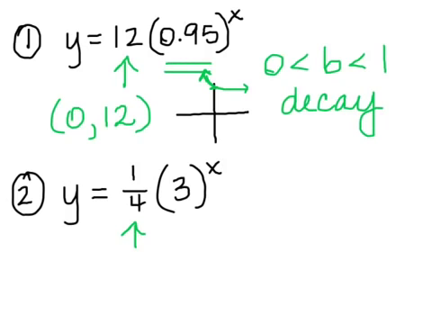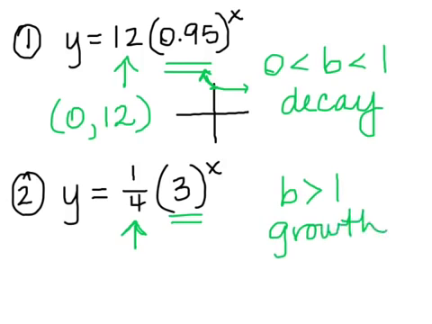On the second one, always first check to see if a is positive, then you can go by the b number to decide if this is exponential growth or decay. Because b is greater than 1, that means it's going to grow, and so this is a growth exponential function.